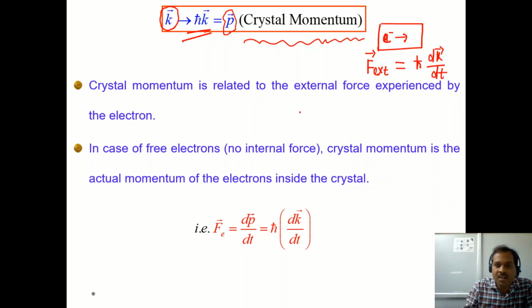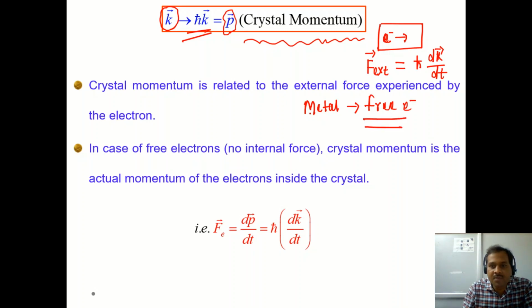Whereas if you take a metal, in case of a metal we have free electrons. We assume that free electrons are not acted upon by any kind of internal forces, and in that case this crystal momentum will be the actual momentum of the electron.